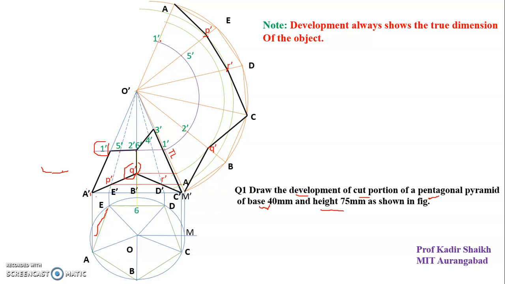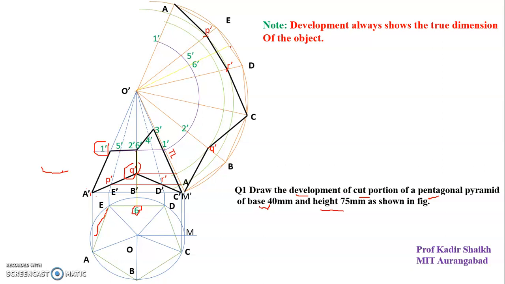After that, to get point number 6 as a cutting point, project it in the top view. So in the top view you can see the point number 6 is the middle point of AD. As it is the middle point of AD, AD shows the true length. So here also in the DLS, take the middle point and draw one line.